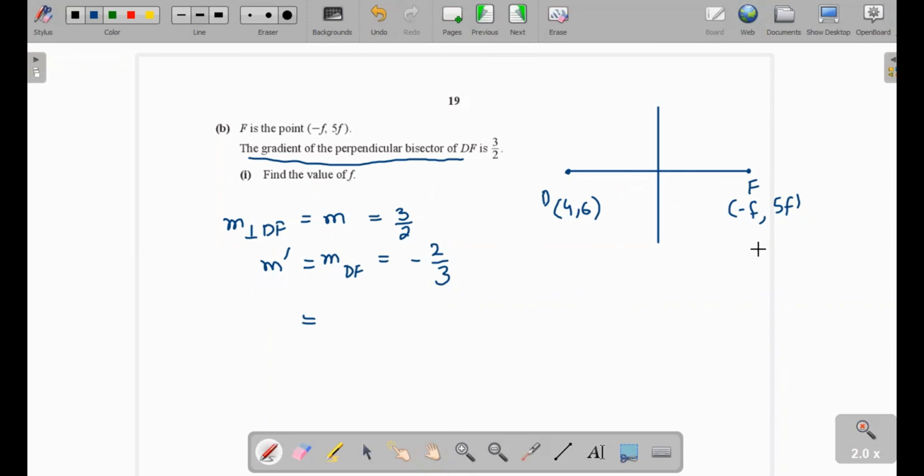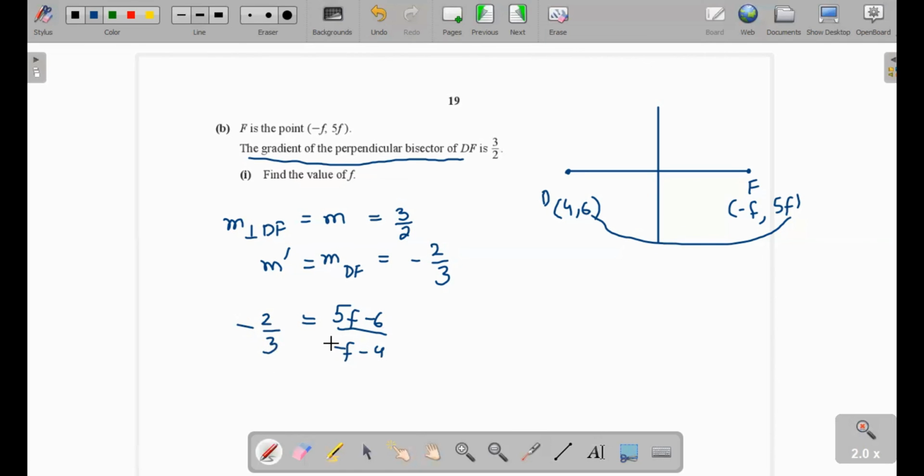y2 minus y1, that is 5f minus 6, over x2 minus x1. x2 is minus f, x1 is 4, and that is equal to minus 2 over 3.